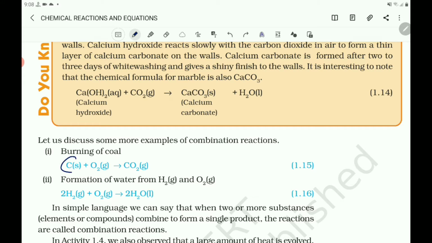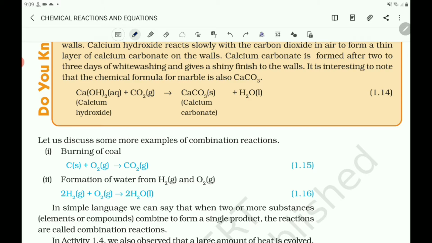Here carbon and oxygen combine to form a single product, carbon dioxide. So it is a combination reaction. And also here hydrogen combines with oxygen to produce water. Only one single product is formed, that is water. So this is also an example of chemical combination.